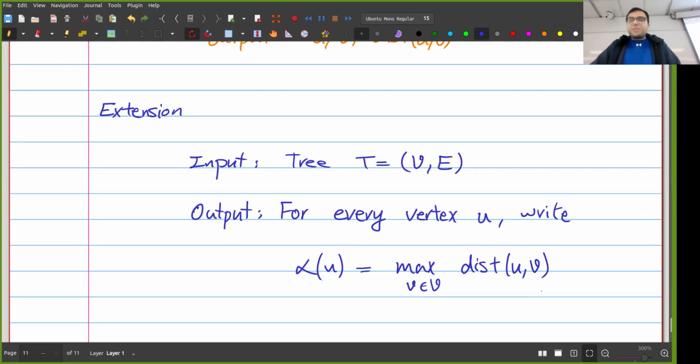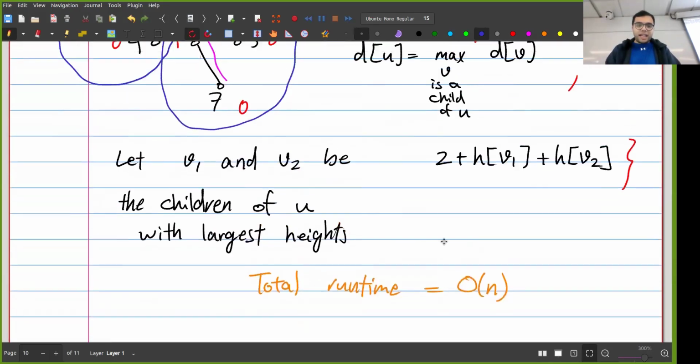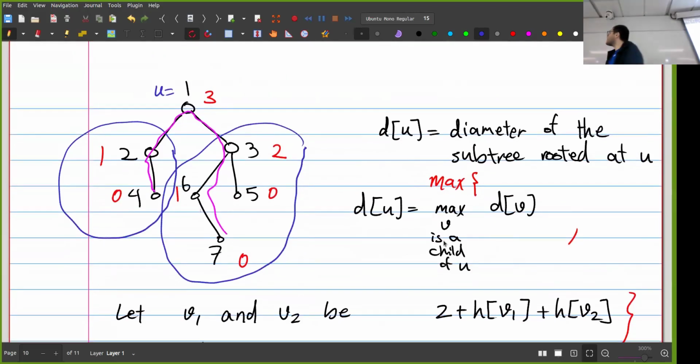But I prefer to just spend O(N) if I can, right? So can we look at our dynamic programming that we had here and somehow extend this dynamic programming so that instead of just finding the diameter, it actually finds the farthest vertex to any given vertex?